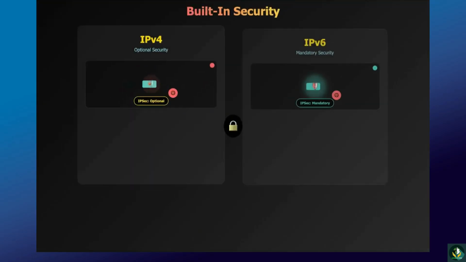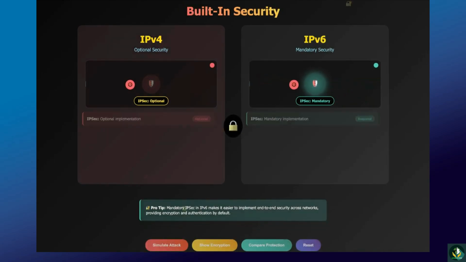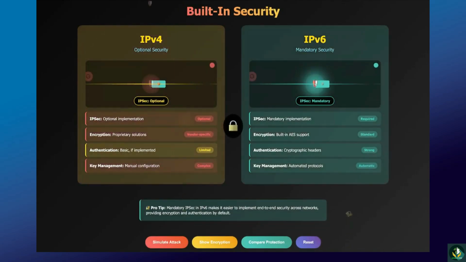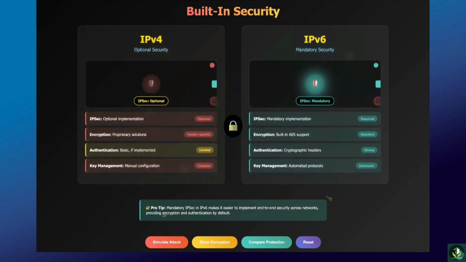The next difference is in built-in security. Security is a core feature of IPv6. In IPv4, IPsec is optional and often implemented using proprietary solutions. Security is not inherently built into the protocol, while in IPv6, IPsec is mandatory, ensuring secure communication at the IP level.